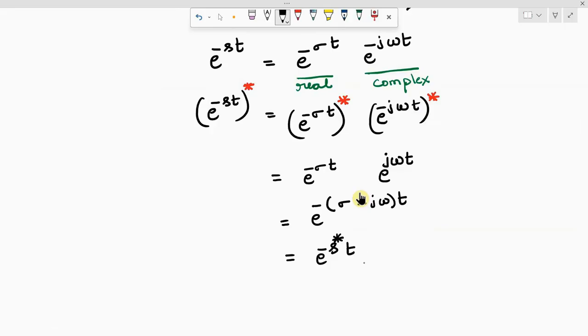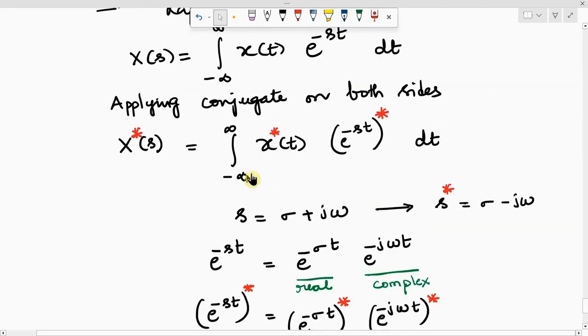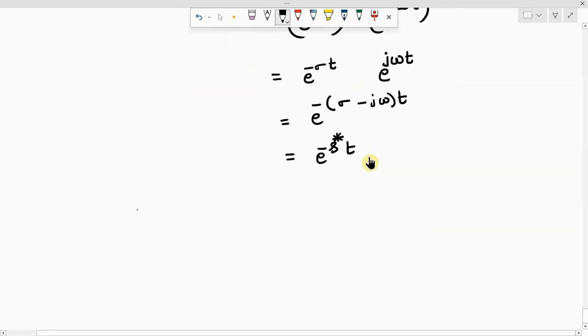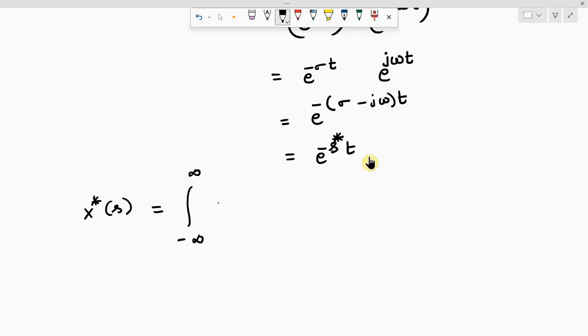Can I write it like this? Yes, sir. So here I am writing this part again: x conjugate of s is equal to the integral over infinite limits of x conjugate of t e power of minus s conjugate t dt.